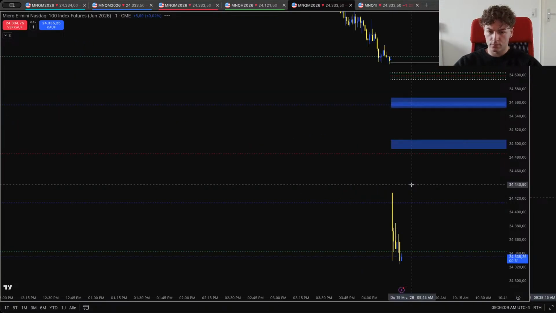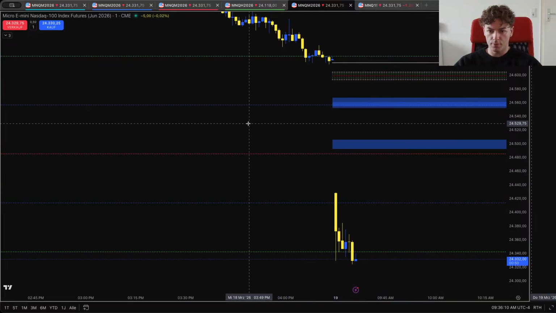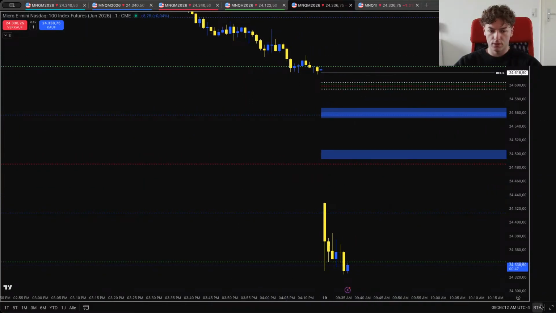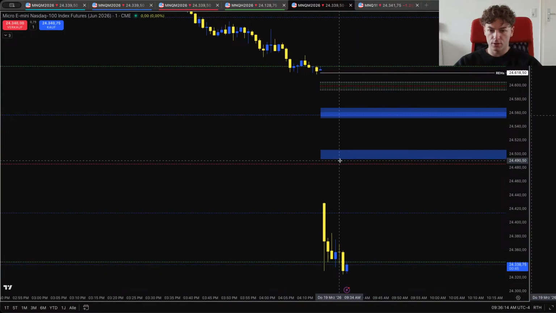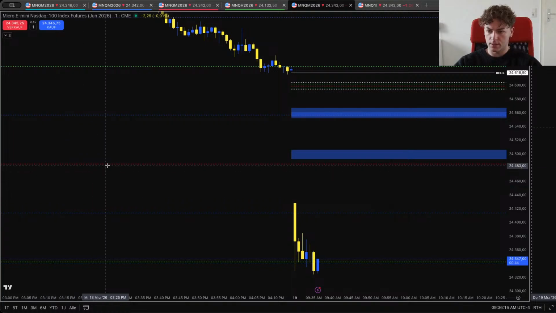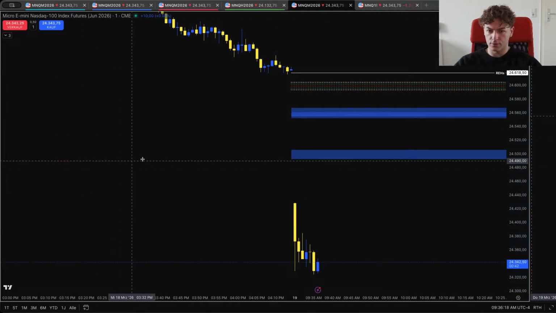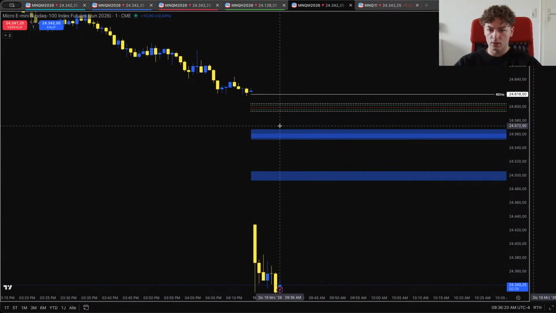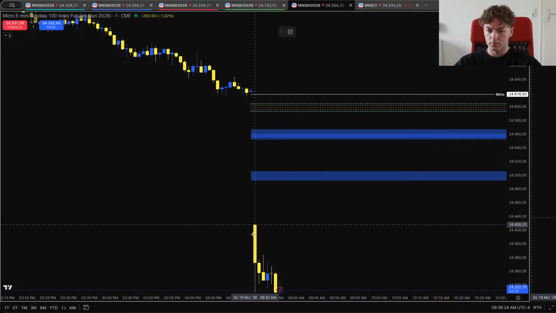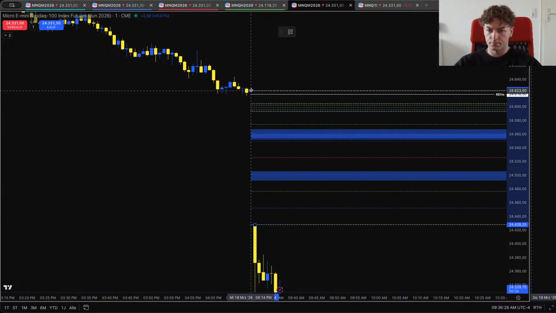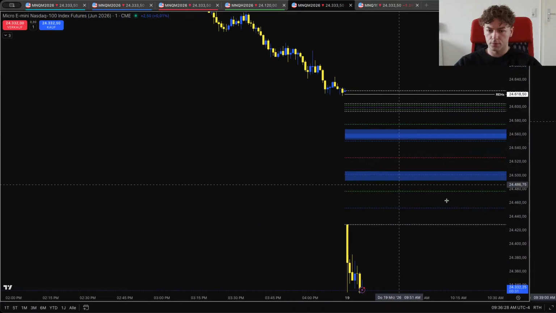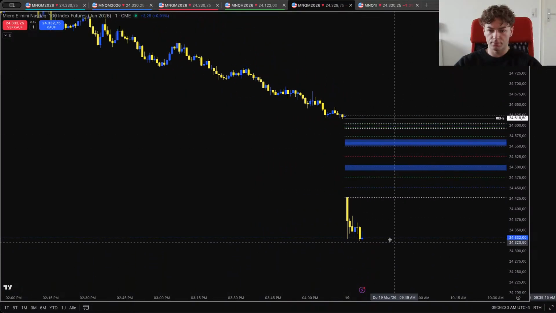To be honest, if you look at the opening range gap on the RTH chart, let's delete these daily wick levels for a second. So we have the opening range gap.